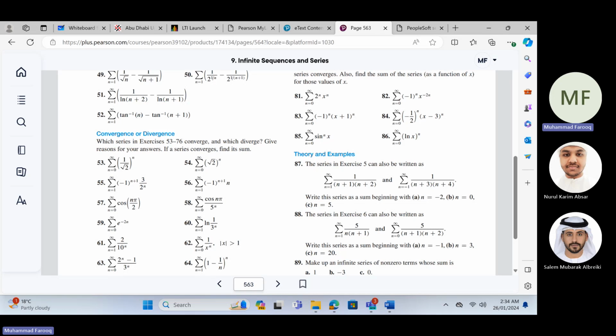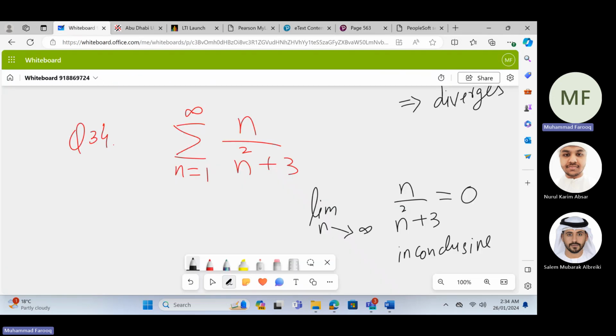This is a sequence. In 9.1, how do we check whether a sequence converges or diverges? Same procedure, the divergence test. There is one difference. When you apply the divergence test on a sequence and calculate the limit at infinity, if the answer is a number, the sequence converges. If the answer is infinity, the sequence diverges.